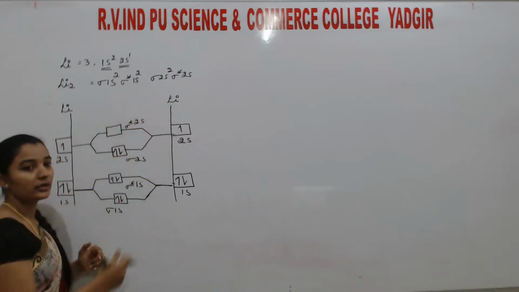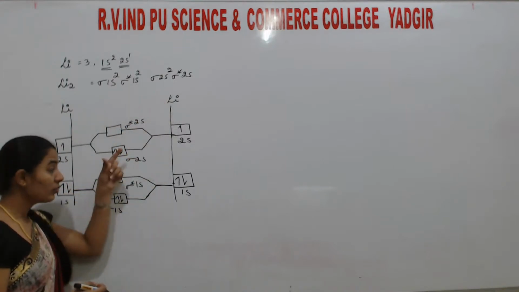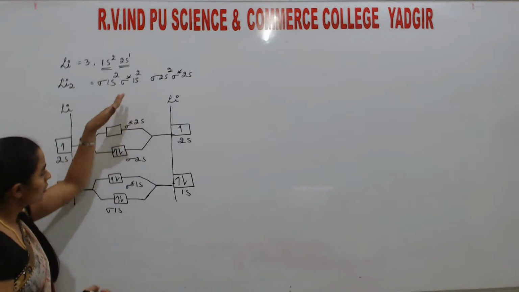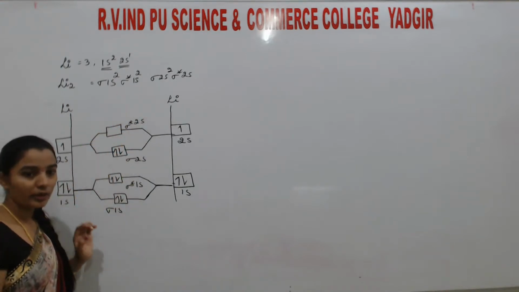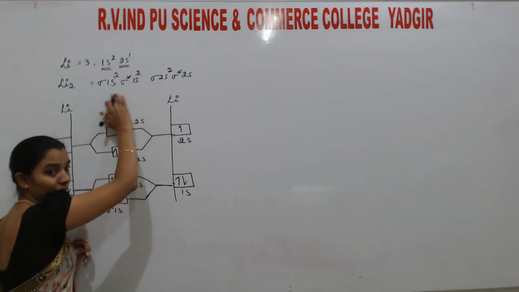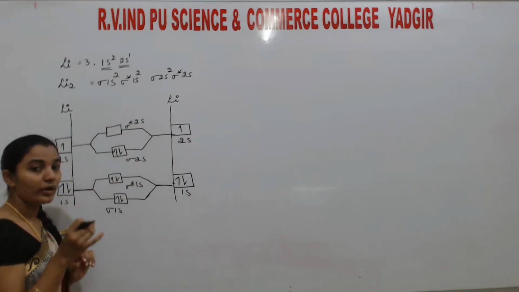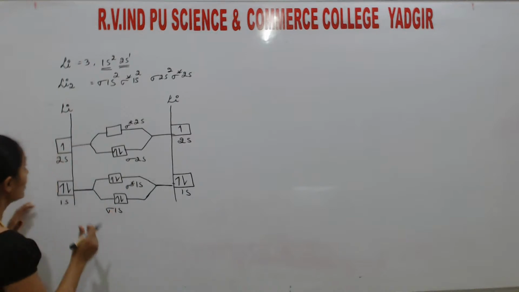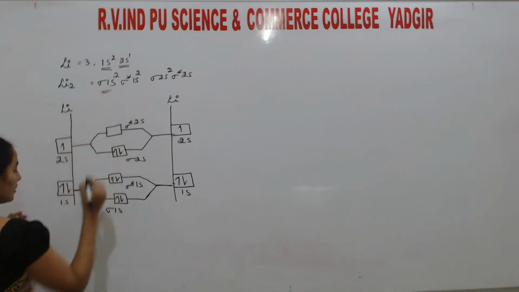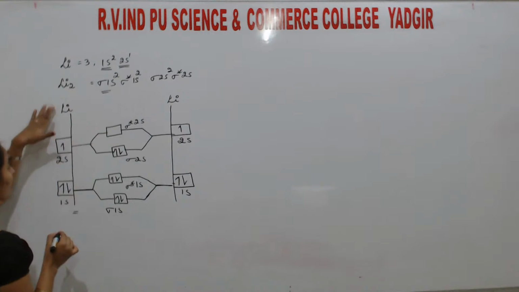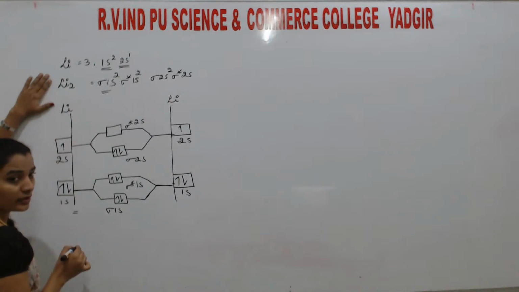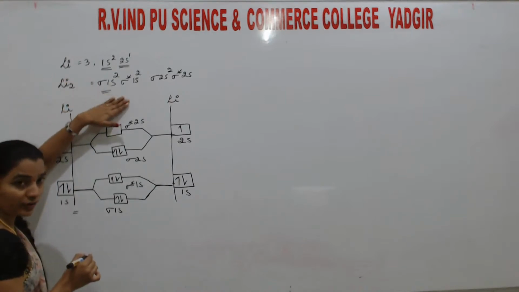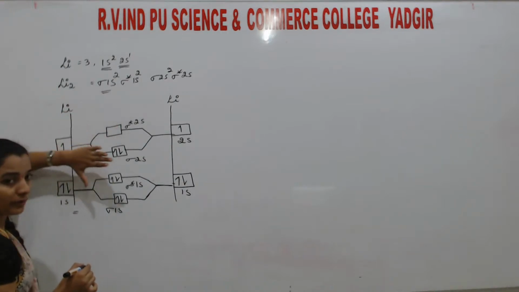You can easily write the configuration before the diagram, and based on it, write the molecular orbital diagram. This clearly tells how many electrons enter each orbital. So we got the MOT configuration and the molecular orbital diagram.